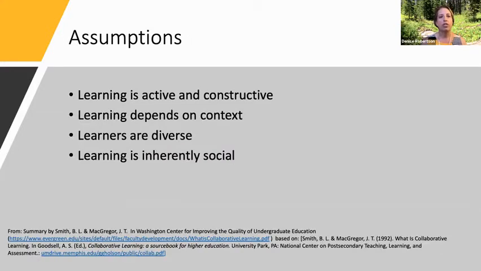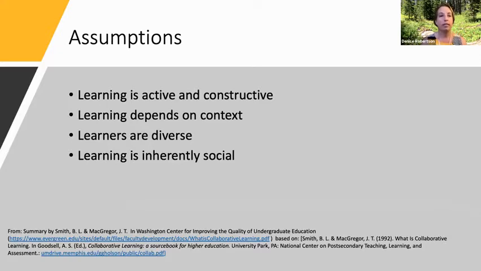There are a few assumptions about learning in general, and these come from these two texts down here. The first is that learning is inherently active and constructive. You have to actively engage in the process, and you have to construct your own understanding for things to really stick.